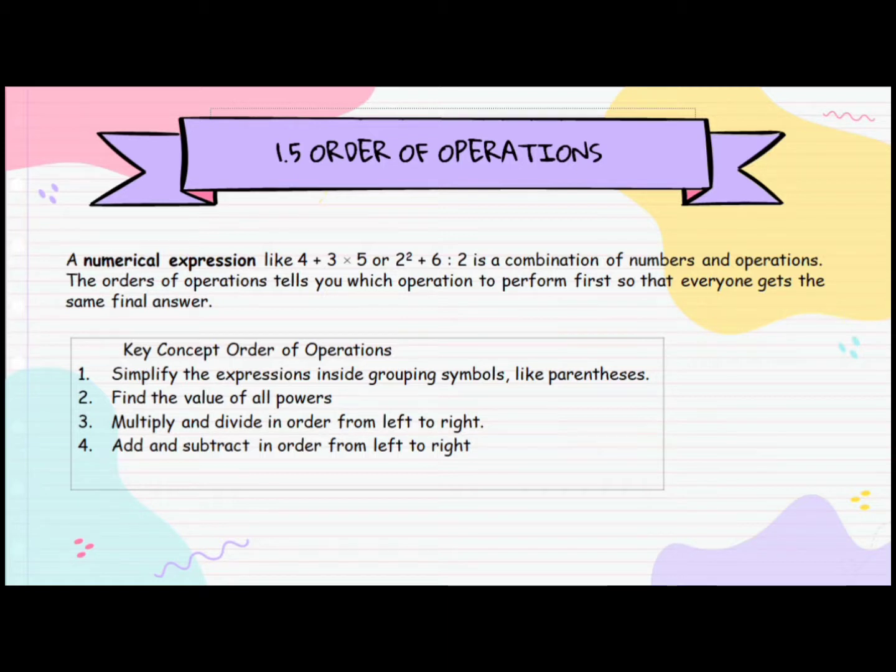Key concept, order of operations. The first, simplify the expression inside grouping symbols like parentheses. Second, find the value of all powers. The third, multiply and divide in order from left to right. And the last, add and subtract in order from left to right.